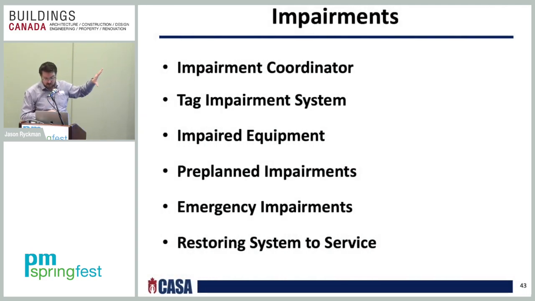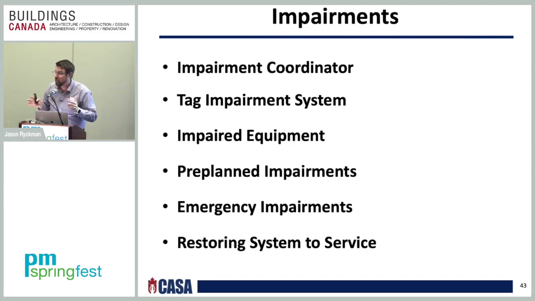So impairments. Some things in regards to impairments that I want to give you more information on is you have to have responsible people and responsibility whenever you do have an impairment. So with that, you have to have these items in place. You have to have what we call an impairment coordinator, which we'll get into a little later, which, by the way, the owner has to have a person at that building that is specified or has to be the impairment coordinator.